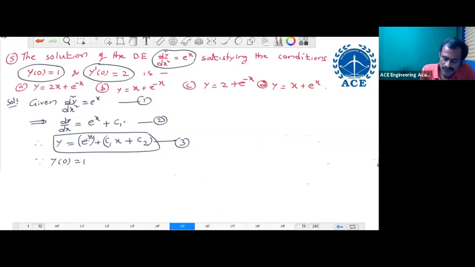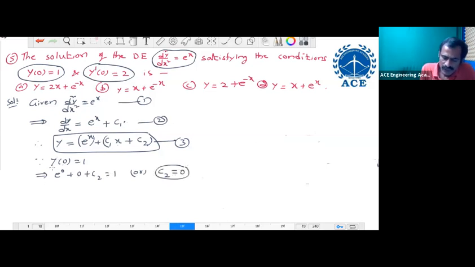If we substitute x equal to 0, e power 0 is 1, plus 0, plus c2 equal to 1, or c2 equal to 1 minus e power 0, which is 1, so c2 equal to 0 only.